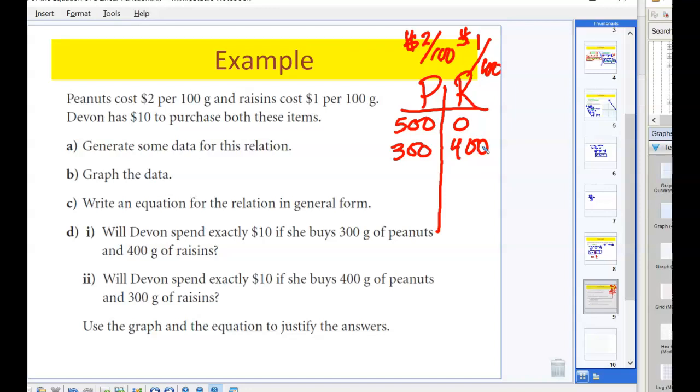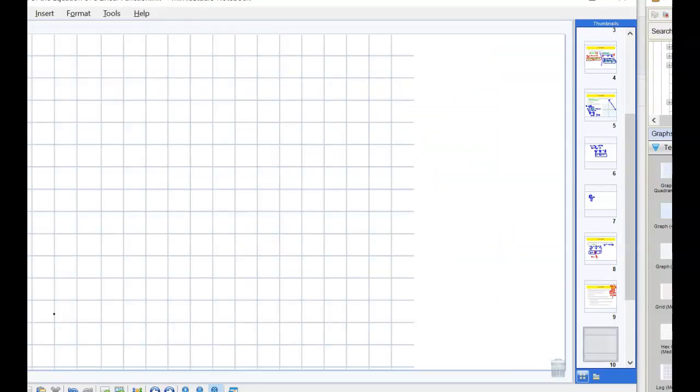If he bought all raisins, he'd be able to buy 1,000 grams of raisins, and that would be 0 grams of peanuts. So because we're graphing a line, 3 points is probably adequate enough. So let's look at graphing this data.